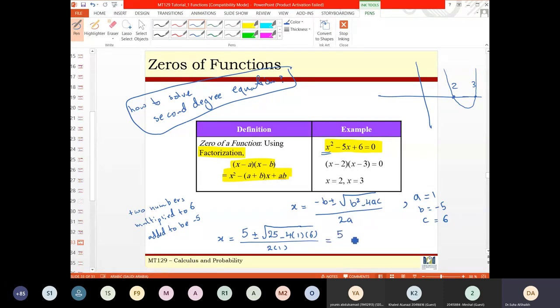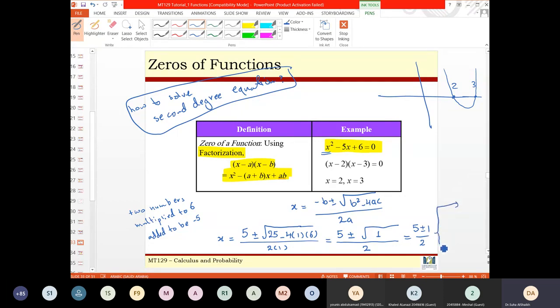So 5 plus or minus the root of 25, and 4 times 6 is 24, right? So 25 minus 24 is 1, over 2. Good? So this is 5 plus or minus root of 1, which is 1, over 2.